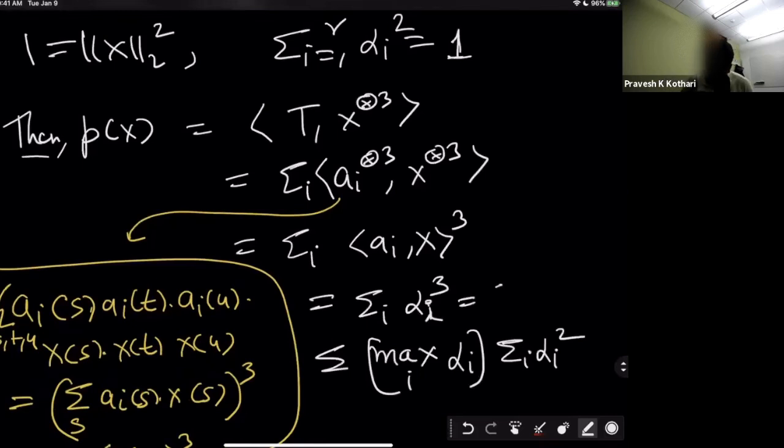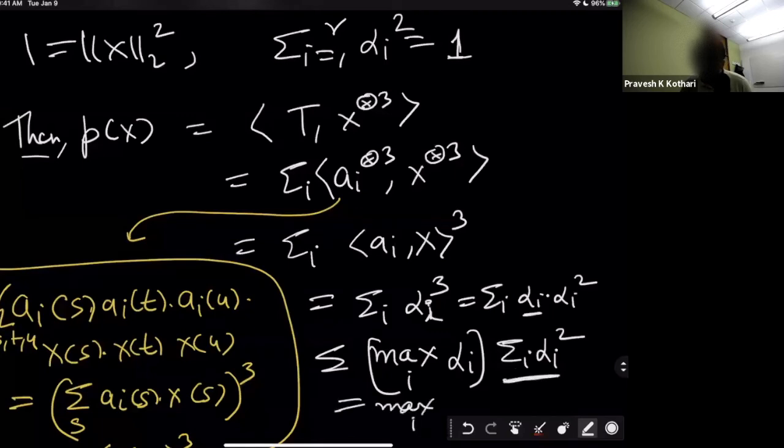I write this as sum over i of alpha_i times alpha_i squared, and then I upper bound this copy of alpha_i by the max over all of the alpha_i's. That's what I did here. And then observe that the sum of alpha_i squared is exactly 1. So this is max over i of alpha_i. Good. And now everything that I want follows from here.